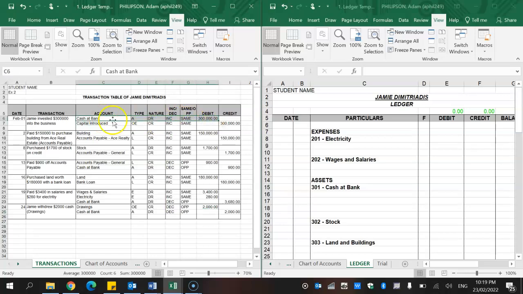So this line here is telling us to send $300,000 debit to the cash at bank account. So over here we come over to the cash at bank account, and we're going to put in, our month is February, the date is the 1st, so I'm going to put in here February and the 1st.